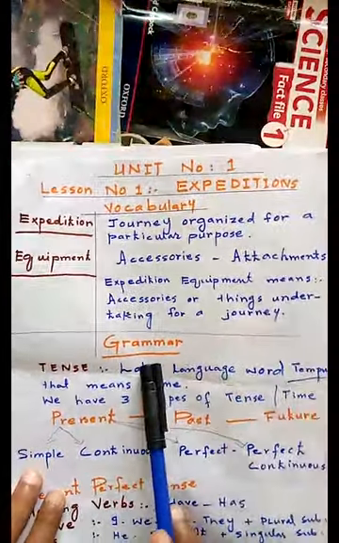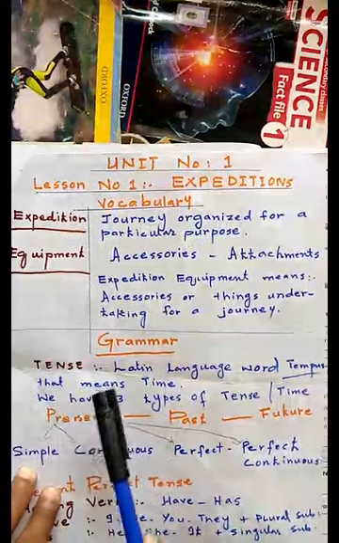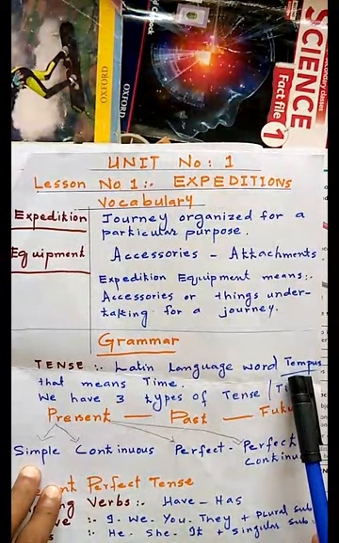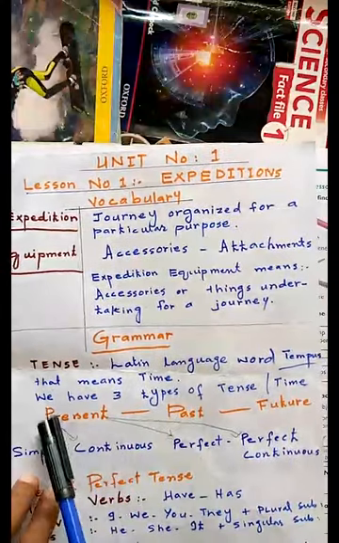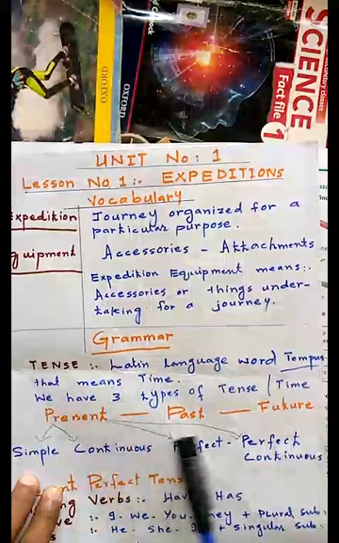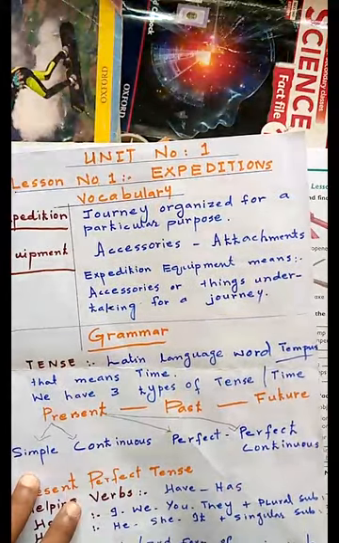Second topic, grammar. First of all, we have to know tense. Tense is taken from the Latin word tempus, which means time. So we have 3 types of tense or time: present, past, future. Present means that which is happening now.